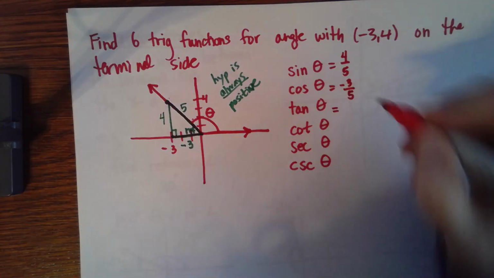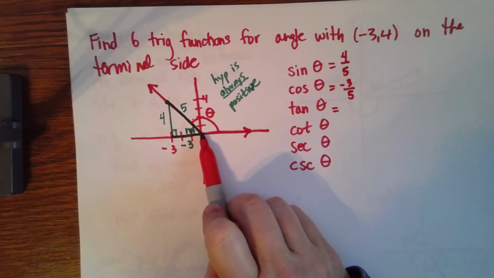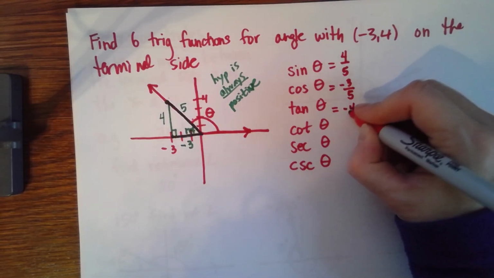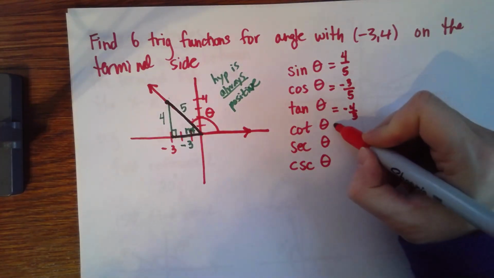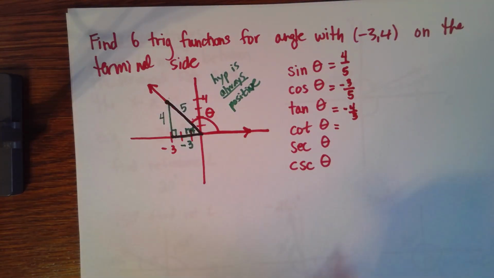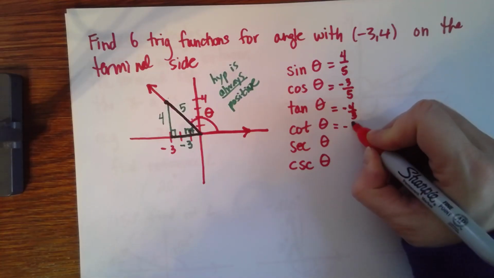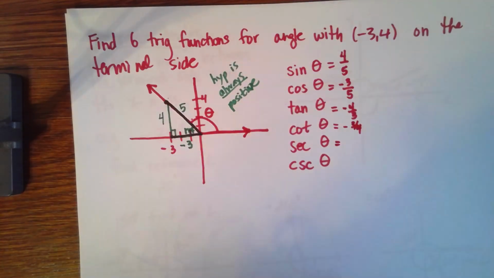The tangent will be opposite over adjacent, so 4 over -3, or -4/3. I didn't really leave myself enough room to write these. Cotangent is the reciprocal of tangent, so that'll be -3/4.